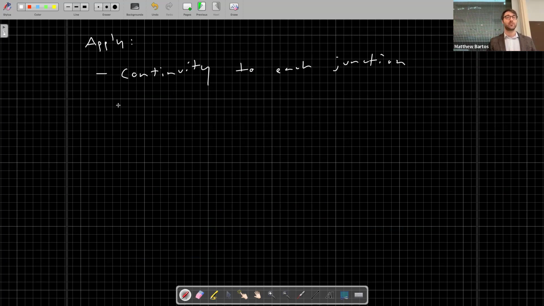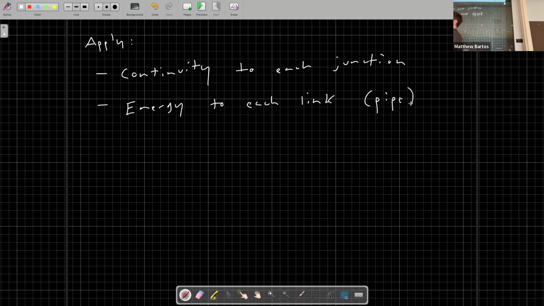And we apply energy to each, I'll say link. But for the cases we looked at, links would correspond to pipes. So we applied continuity at each junction, and we applied the energy equation across each link.